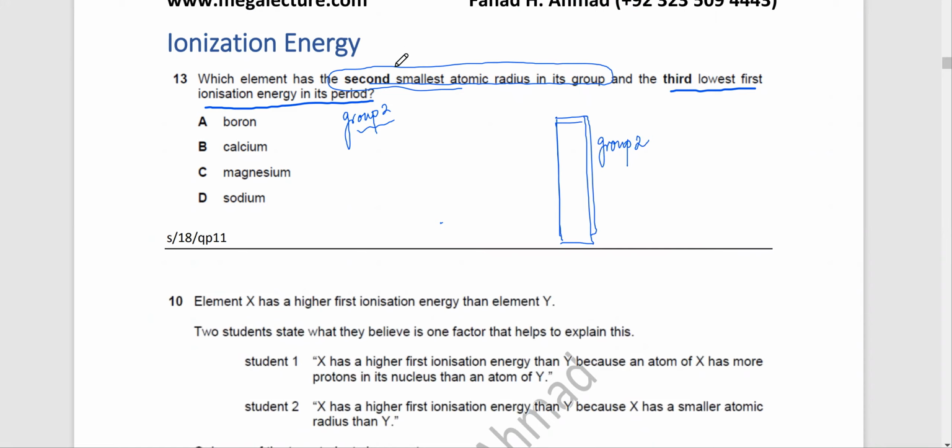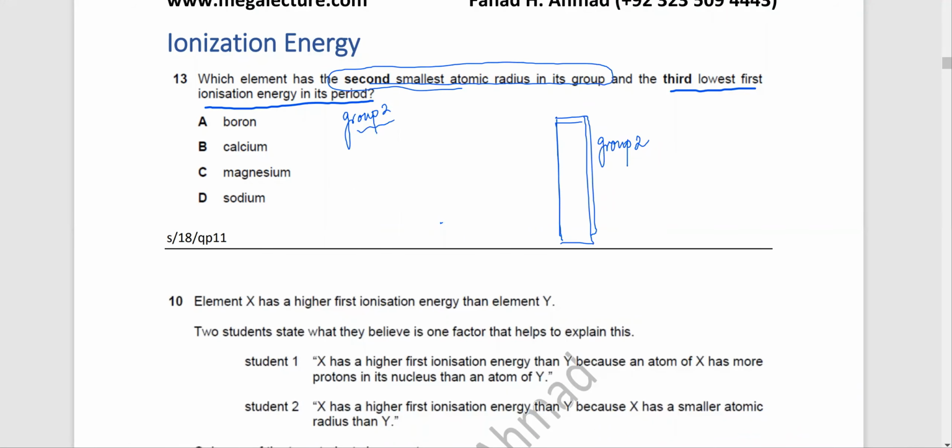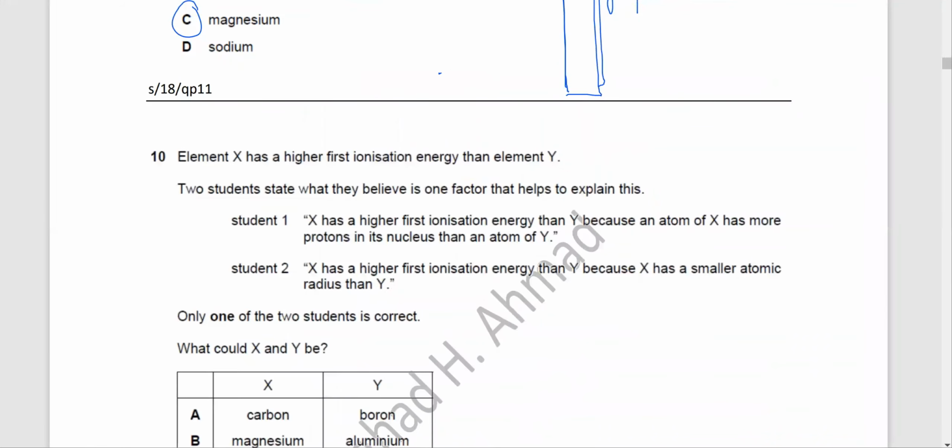What would it be? Magnesium. Exactly, it's going to be magnesium. Here's the periodic table. Is it clear that it's going to be a group two element? And the second smallest atomic radius would be magnesium, because the smallest would be the first. Okay, so it's going to be magnesium.